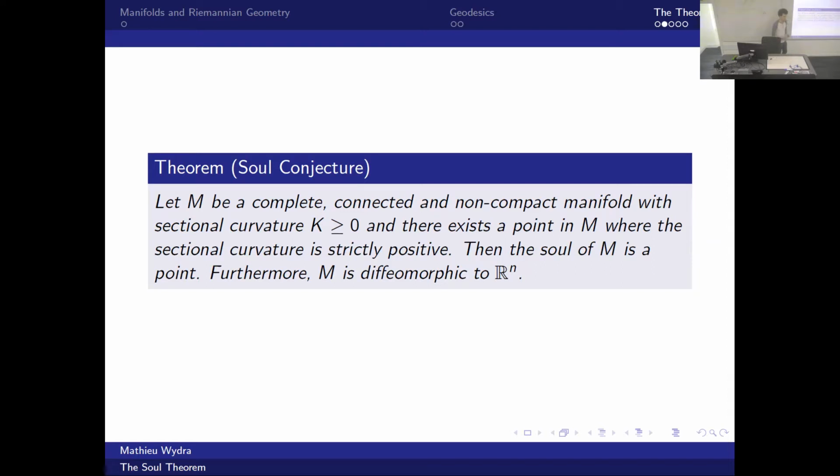Wait, what do you really mean by diffeomorphic? Like smoothly. Yeah, so like a smooth bijection. What does it imply? Well, a sphere, we know, is two-dimensional, but it is not diffeomorphic to the plane. Yeah.